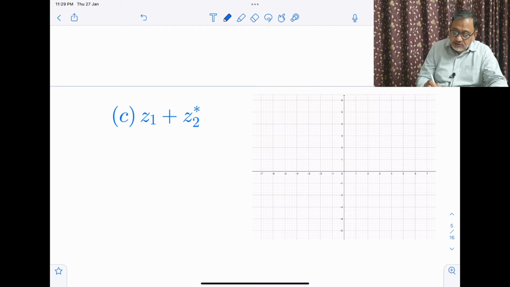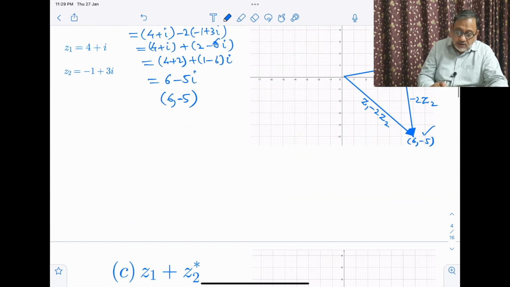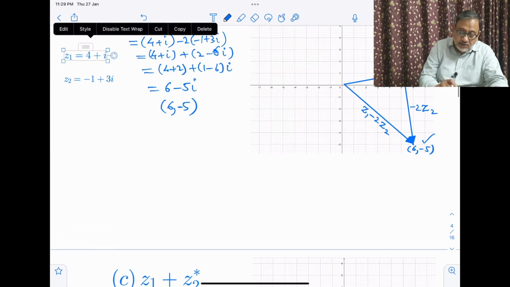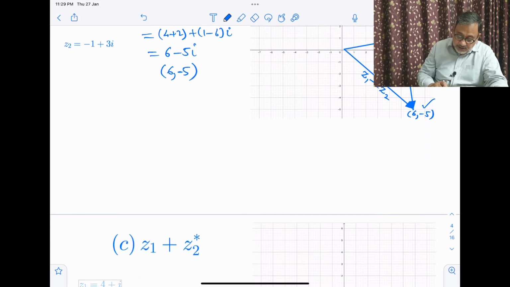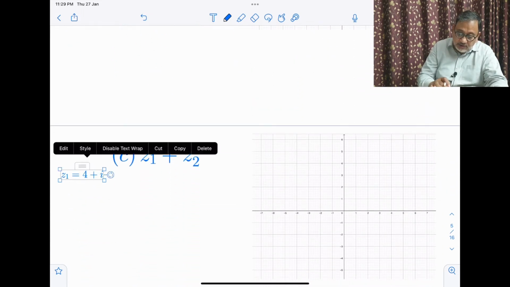So z1 plus z2 conjugate, I am leaving it for you, or should I show? Let me show this also. So look here, again I have these two complex numbers. Let me bring them here so that they are ready with us.